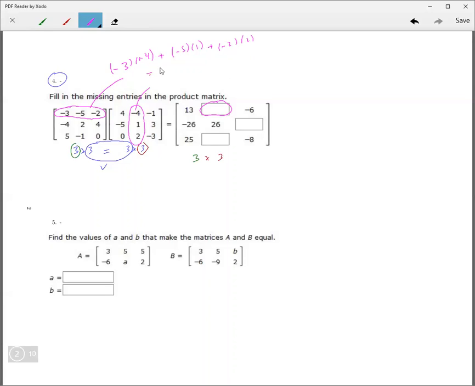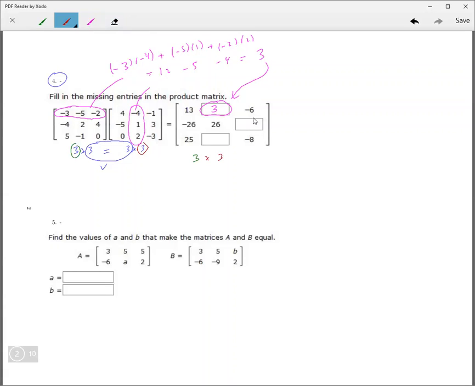Like that. And so what is that? This is 3 times -4, that's -12. Minus 5 and then minus 4, which is 3. Okay. So that's going to be the answer for that spot, it's going to be a 3.